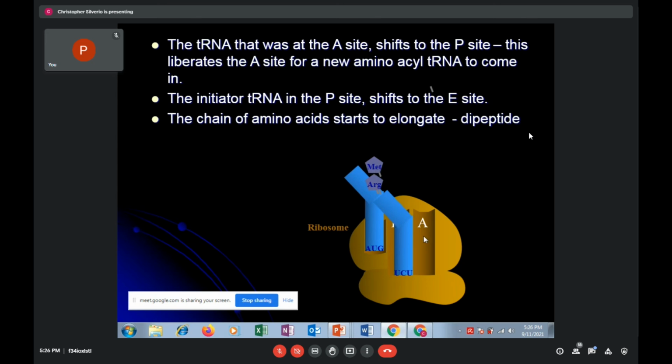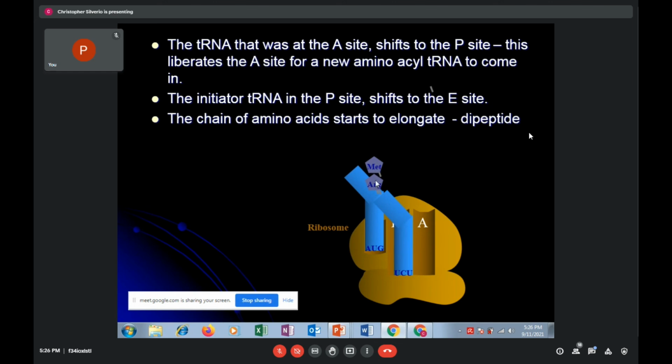And then when the transfer RNA carrying arginine moves from A to P site, the methionine binds to the arginine, and it starts to form a chain of amino acids, which we call a dipeptide.